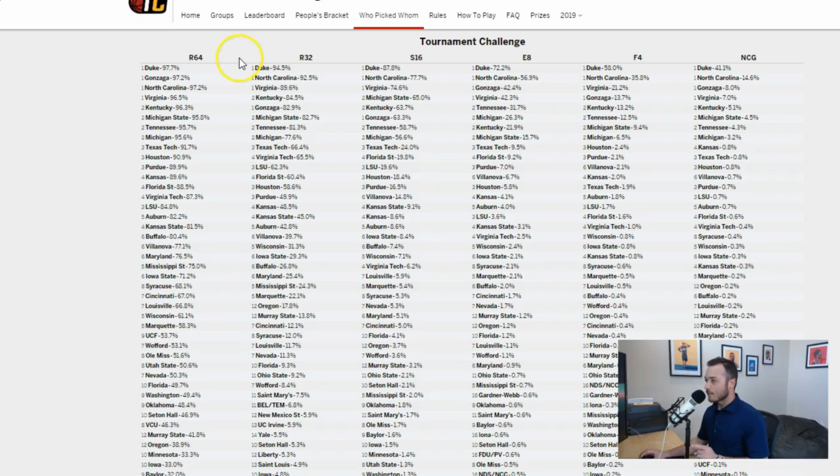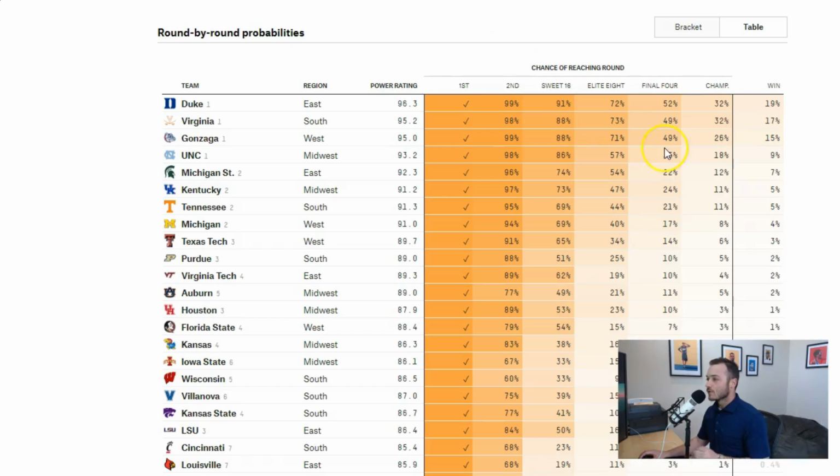So we're going to take these numbers and compare them to right here. This is 538's March Madness predictions, where they have the actual probabilities of the teams going on through each round. So for example, according to 538, the actual probability of Duke winning the national championship is only 19%.